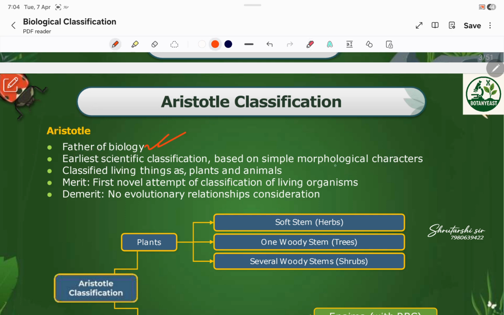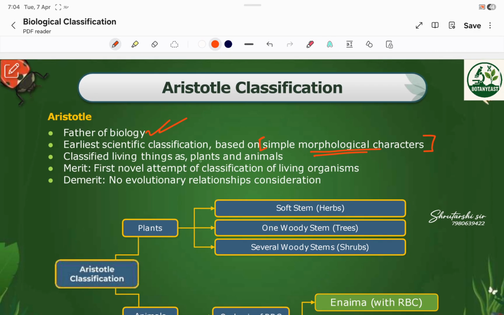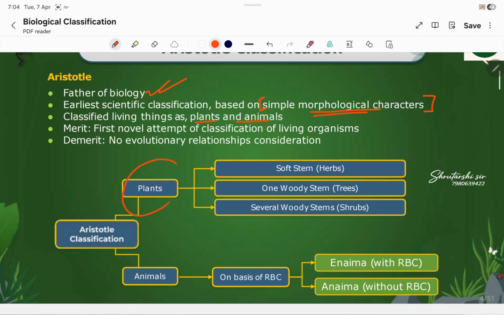Okay, he distinguished between organisms by looking at their simple morphological characters. He classified living things as plants and animals. Okay, in case of plants, he divided the plants into herbs, trees, and shrubs.